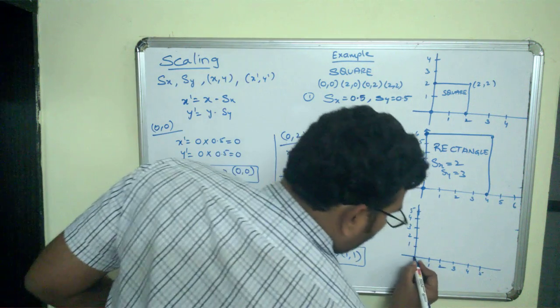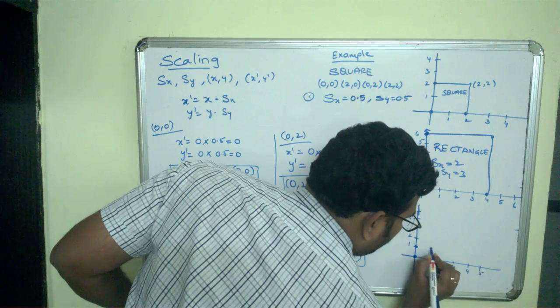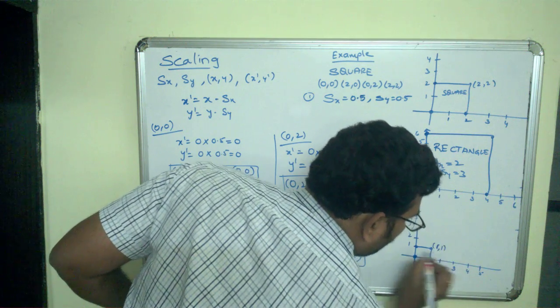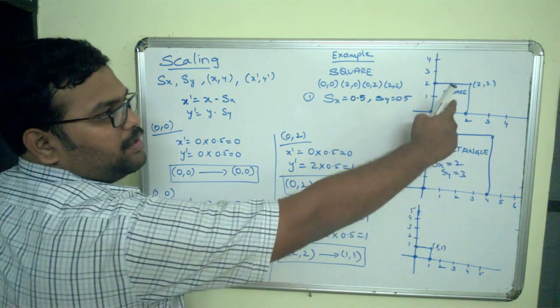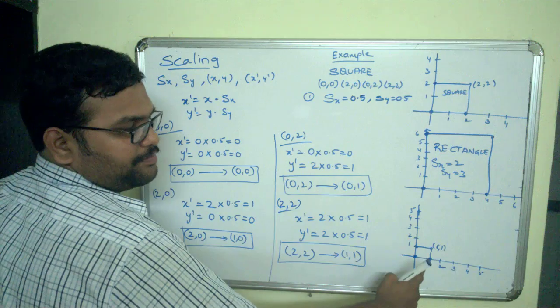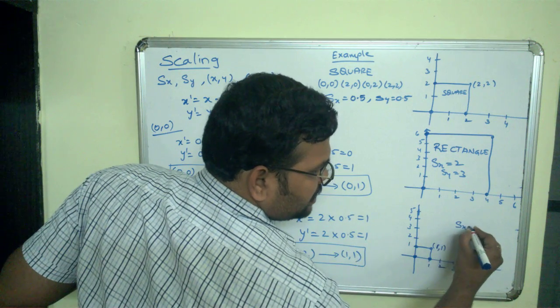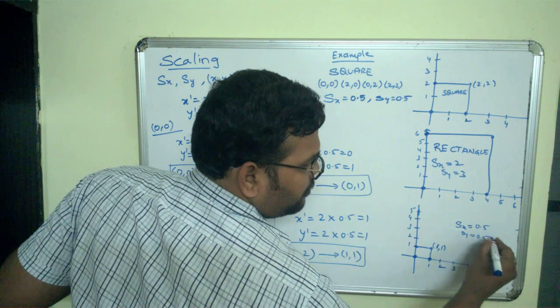So 0 comma 0, 0 comma 1, 1 comma 0, 1 comma 1. So this is also a square, but it is decreased. This is when Sx is equal to 0.5 and Sy is equal to 0.5.